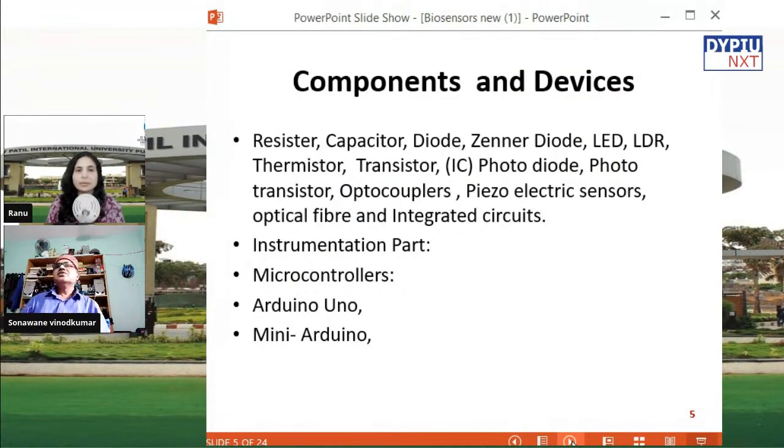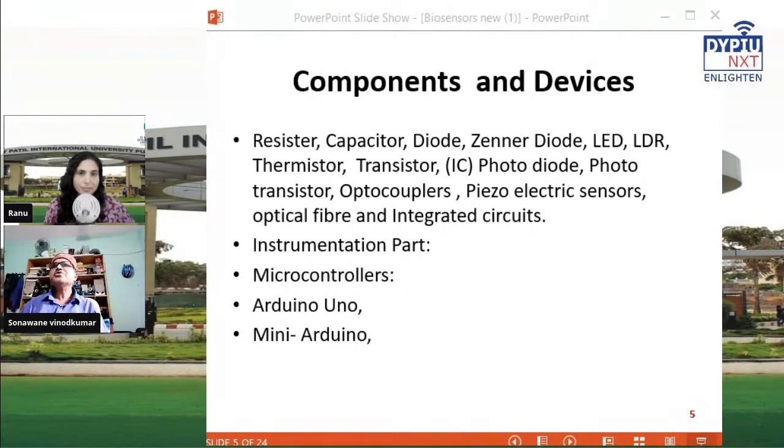Now, there is a scope of various electronic components and devices, starting from resistor, capacitor, diode, Zener diode, light emitting diode, light dependent resistor, thermistor, transistor, photodiode, phototransistor, photocoupler, piezoelectric sensor, optical fiber, and many electric integrated circuits.